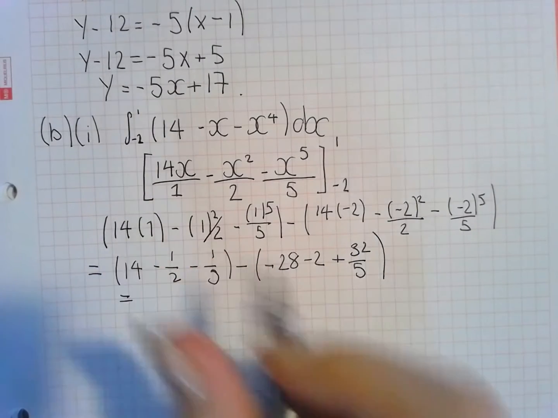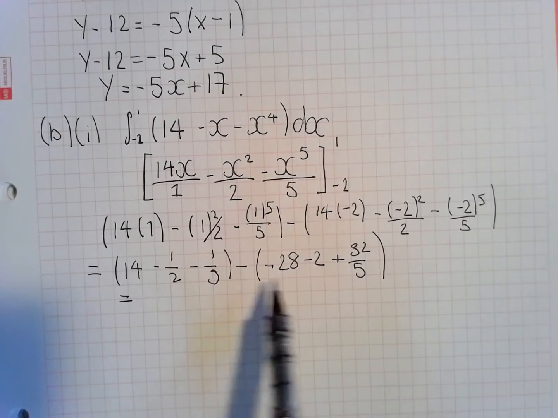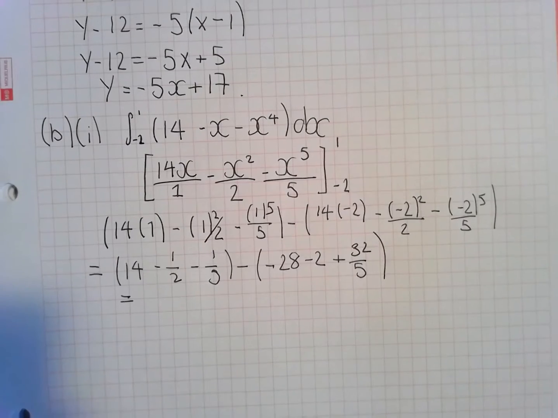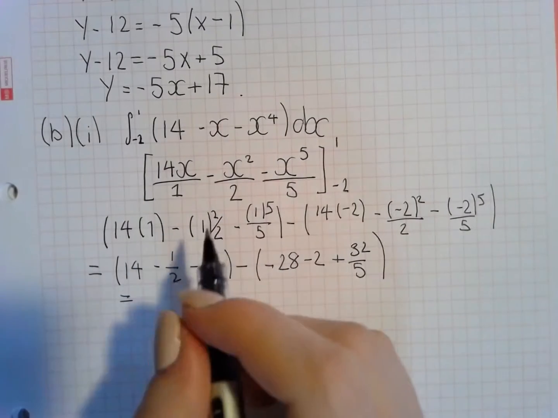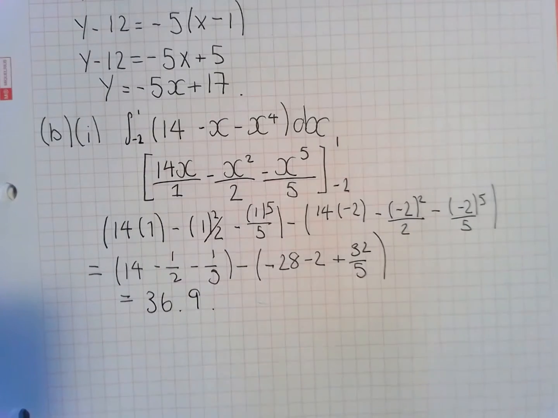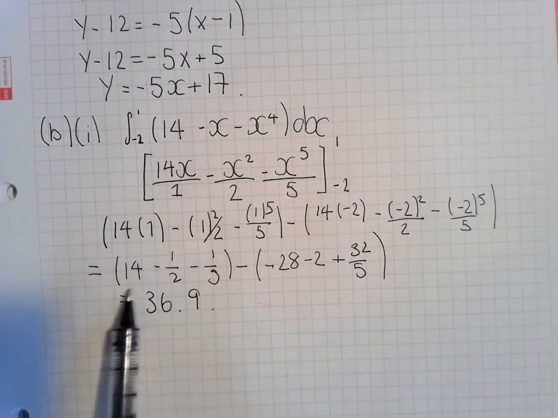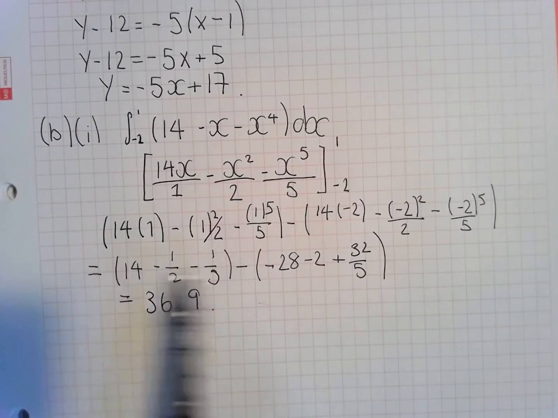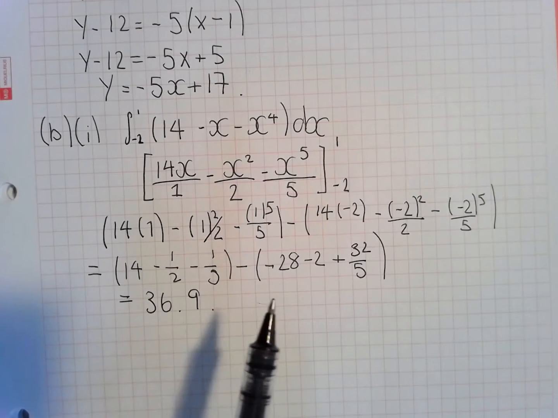When you do all of this adding and subtracting, be careful of the double negatives, and we are left with 36.9. It's worth taking your time, because you don't have a calculator to double check in this exam, so manipulate, add and subtract it all out properly.